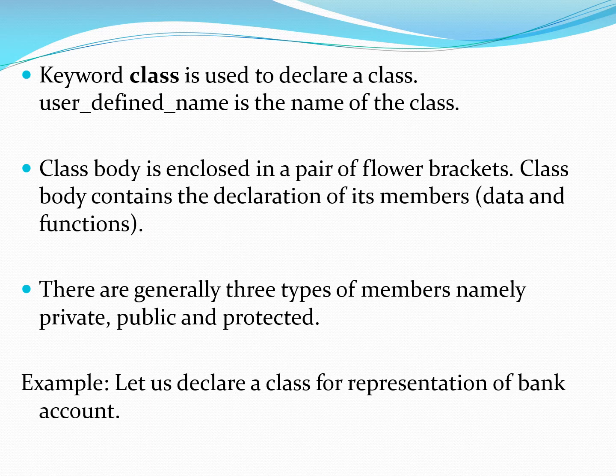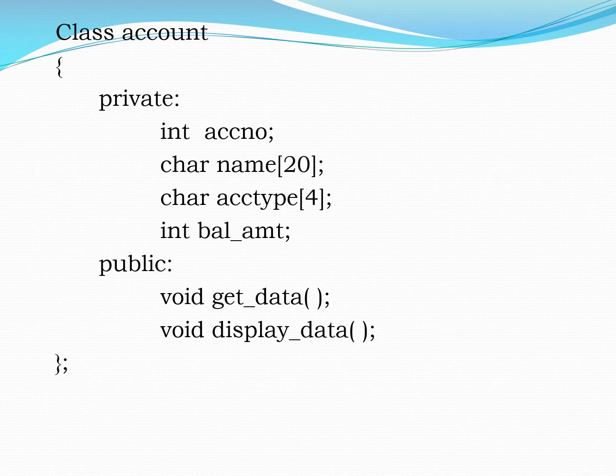And generally there are three access levels for the members of a class: private, public and protected. For example, we are going to represent a bank account. Here we have a small example of creating bank details. I'm going to create a class called Account.